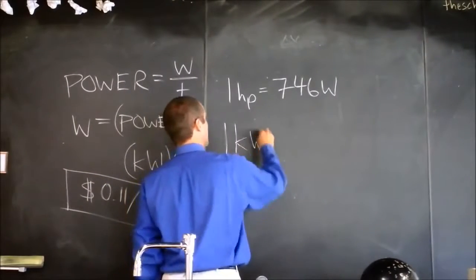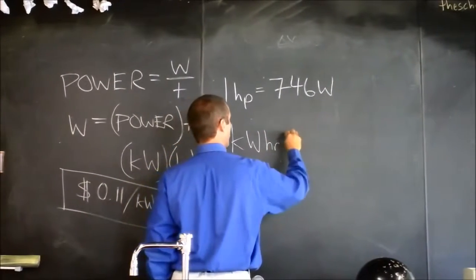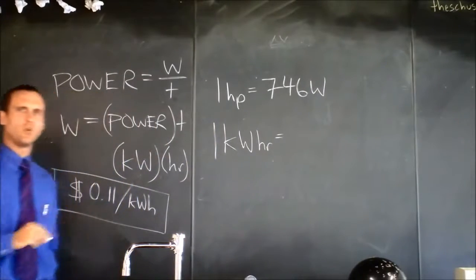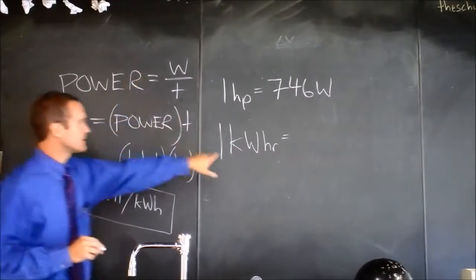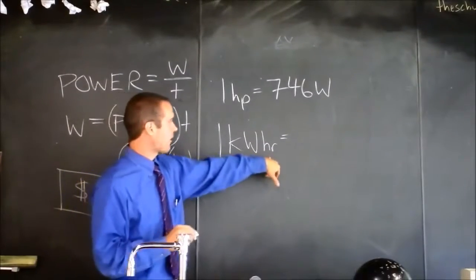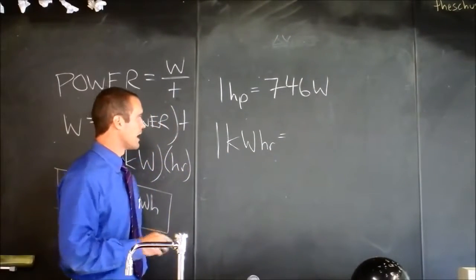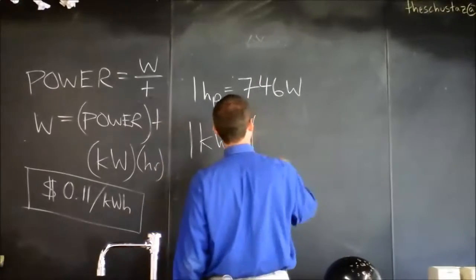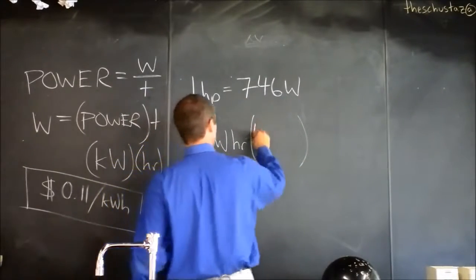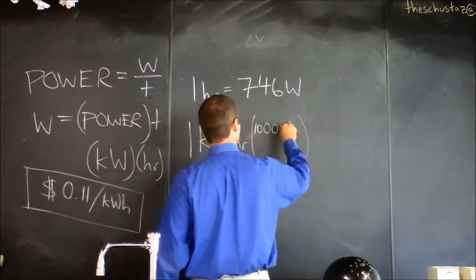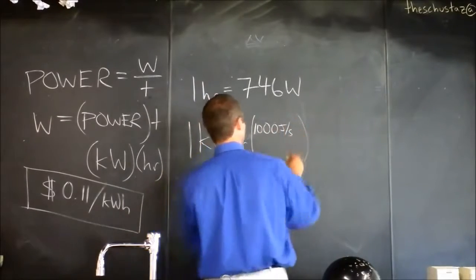Let's define a kilowatt hour though. 1 kilowatt hour is equal to how many joules? A kilowatt hour is a unit of energy because it's the power times the hour, so it must be energy or work. If we make a little conversion here, a kilowatt means 1,000 joules per second.